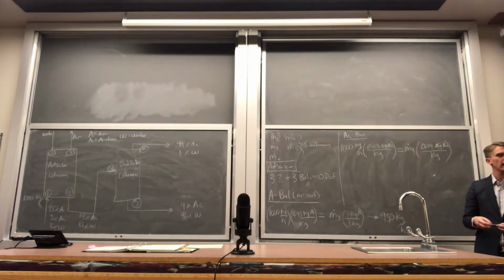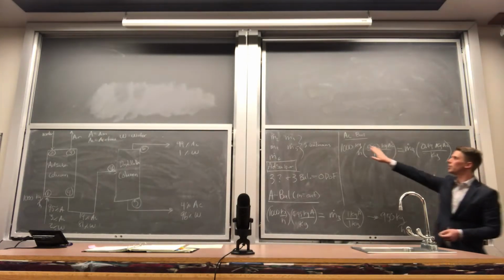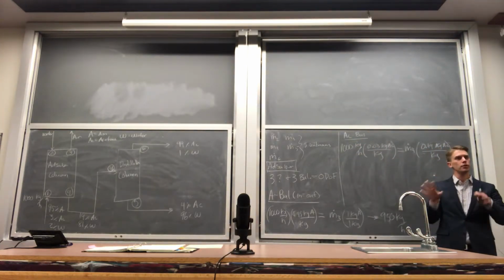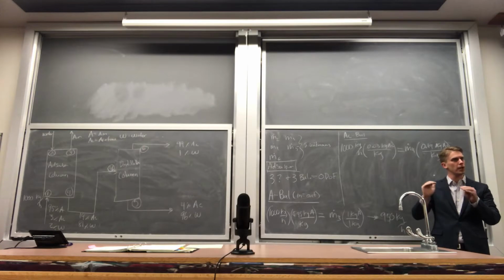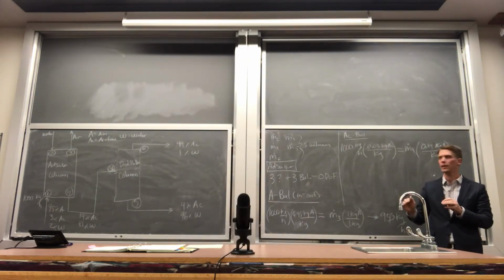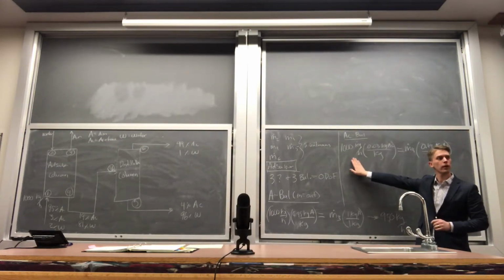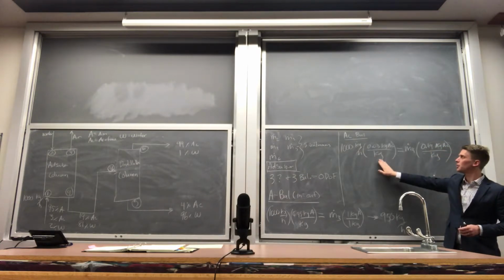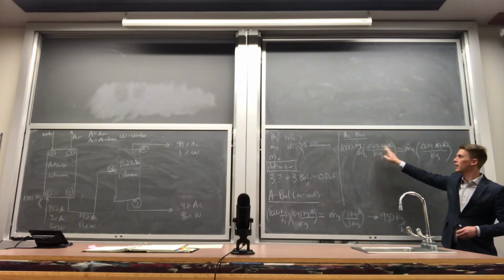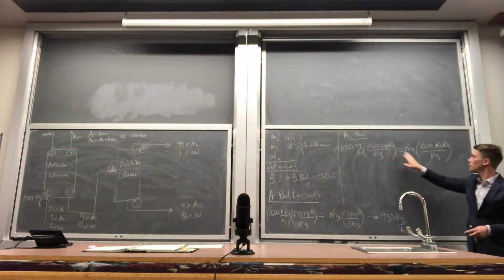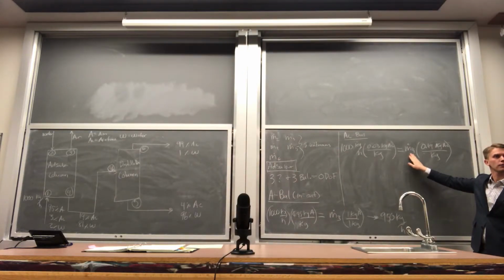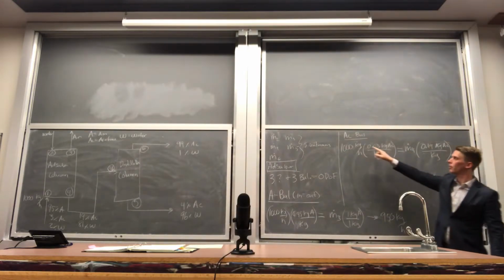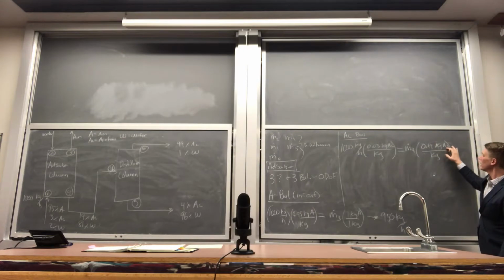Are there any questions on how I got that material balance? This is an acetone balance, so our units should be in mass or moles of acetone. In this case, everything's on a mass basis. So we have the total flow rate of the stream times its composition, which gives us kilograms of acetone per hour. This is equal to our unknown mass flow rate, in kilograms per hour, times kilograms of acetone per kilogram of feed.